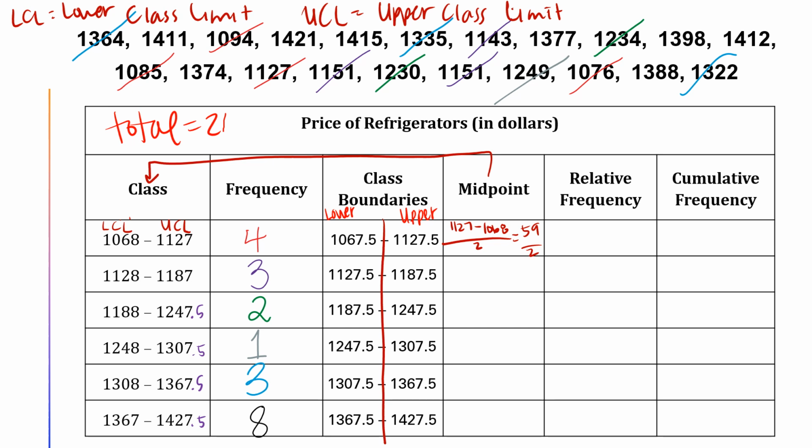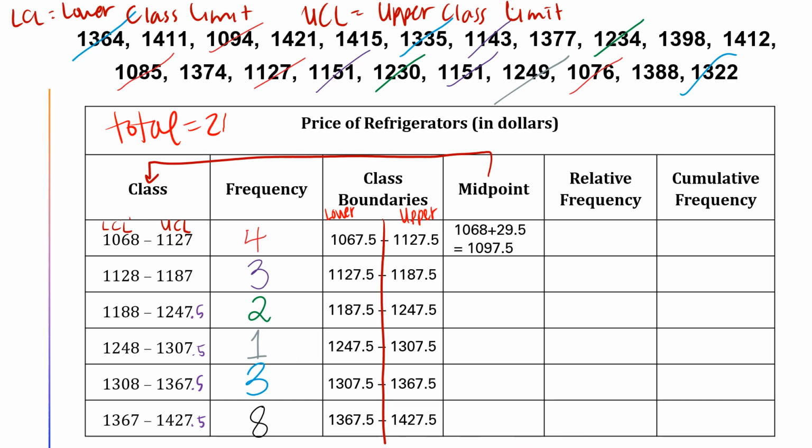So to get to the midpoint, we need to add 29.5 to our lower class limit. 1068 plus 29.5. The halfway point would be 1097.5. So that would be halfway in between 1068 and 1127.